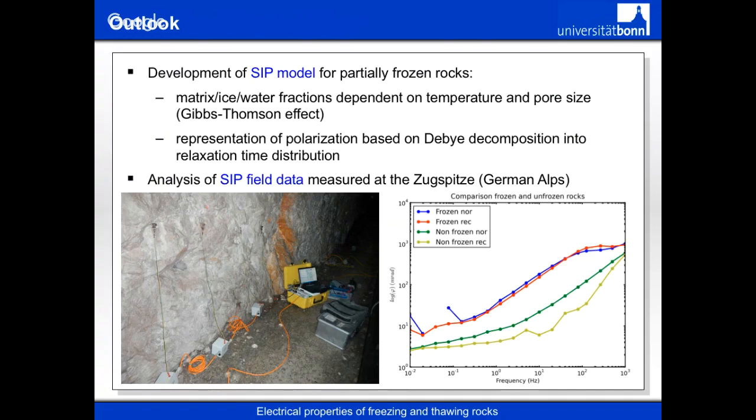There is a tunnel where we started trying to measure those responses, systematically comparing frozen and unfrozen areas in the field, with the ultimate goal of maybe doing that even in an imaging framework, applying IP together with resistivity as an imaging tool for thermal state characterization, and maybe even ice content estimation in permafrost environments. So that was the example that I'd like to share with you.